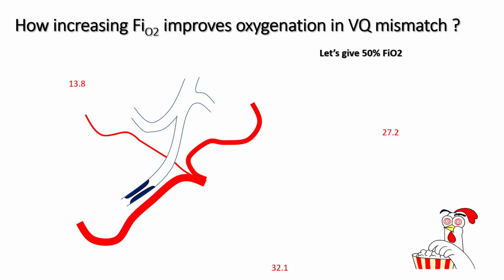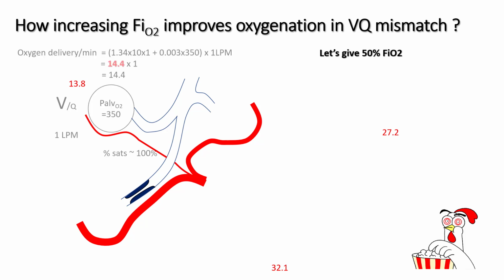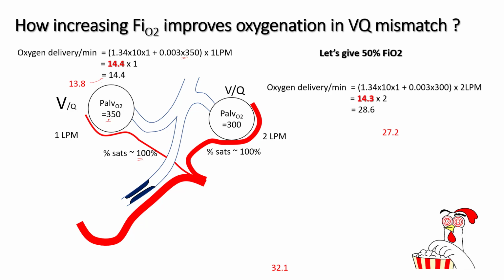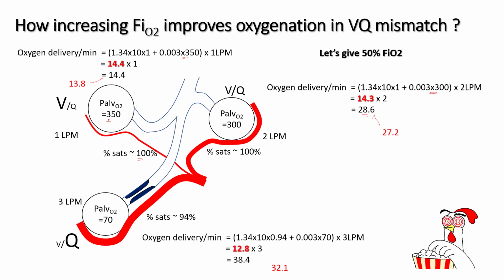Let's give this guy some oxygen and see how increasing FiO2 improves the oxygenation. Now we have got a P alveolar of 350 and you can see that percent sats are still the same. However, the amount of dissolved oxygen increases slightly, so we have slightly more oxygen delivery coming from this alveoli. From the normal alveoli, similarly, there's more dissolved oxygen and that increases your oxygen content slightly from 27.2 to 28.6.